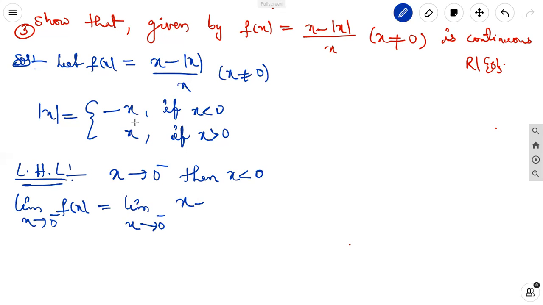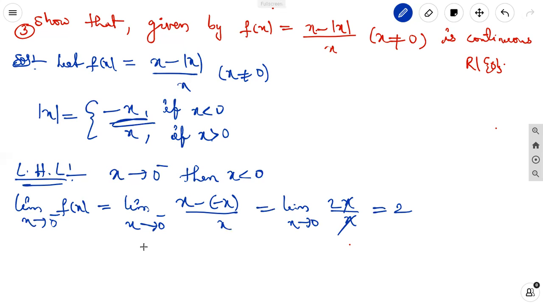For x less than 0, the value of mod x is minus x. So x minus (minus x) by x, which is limit x tends to 0 of x plus x is 2x by x. The x gets cancelled. We are getting the limit value as 2.